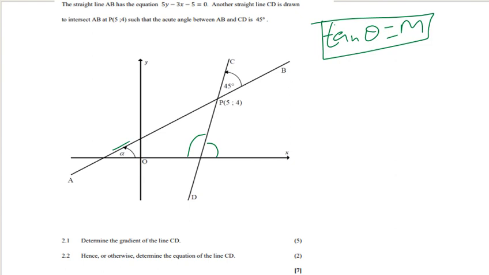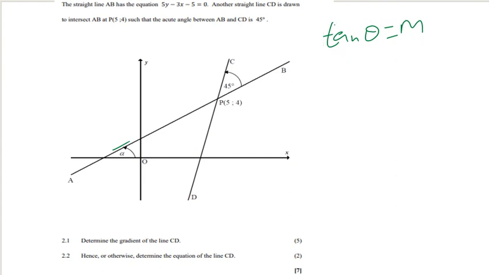So because we have this 45 degrees, this doesn't mean we can jump straight to this problem. For more of this, please visit the video that I've made above about the angle of inclination and all that.